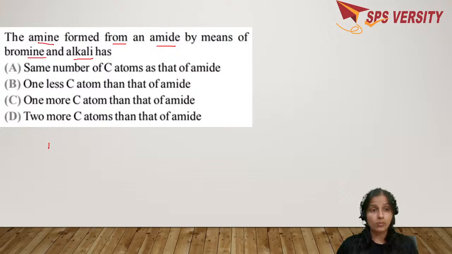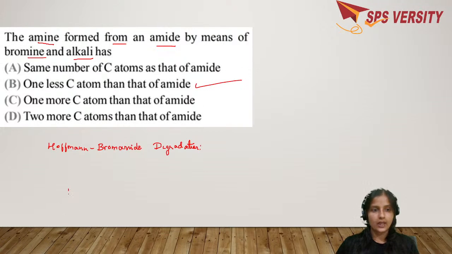This is nothing but the Hoffmann bromamide degradation. Degradation in the sense the number of carbon atoms decreases. So less. Only one option, that's B, that should be the right answer.